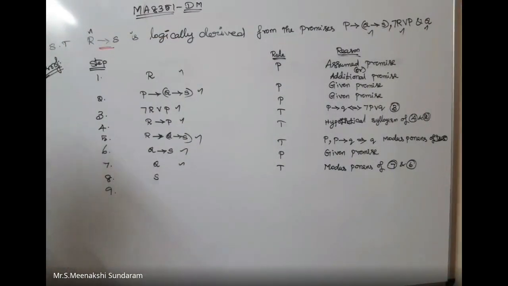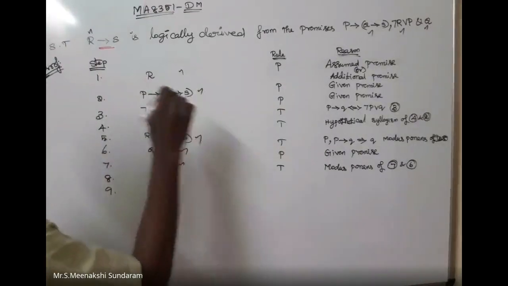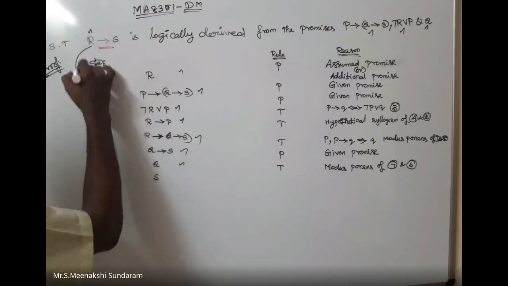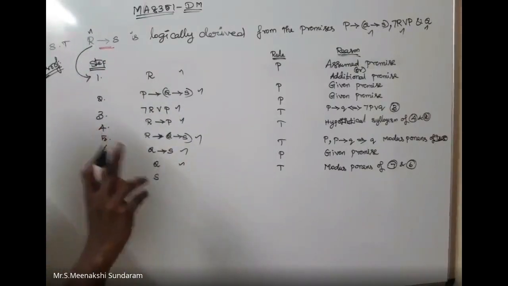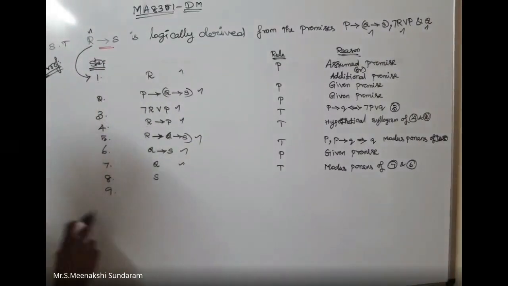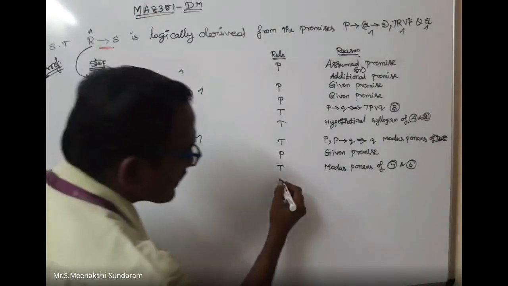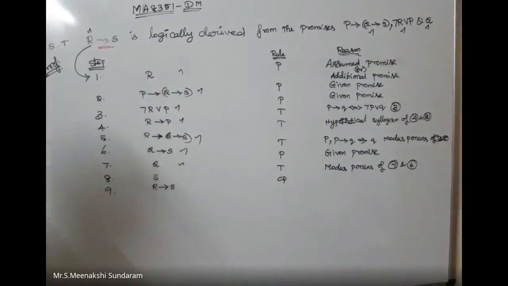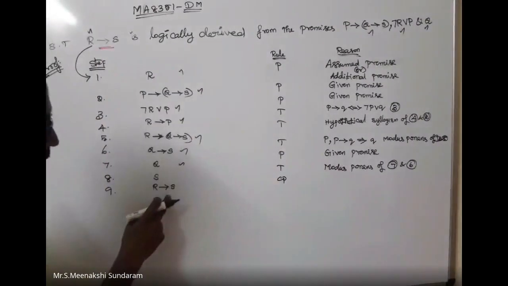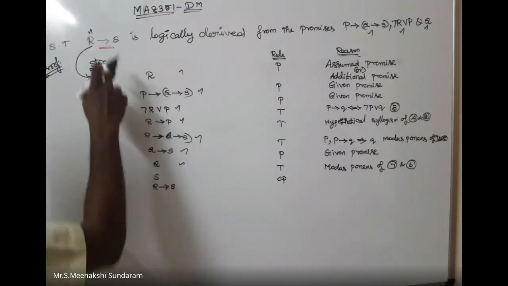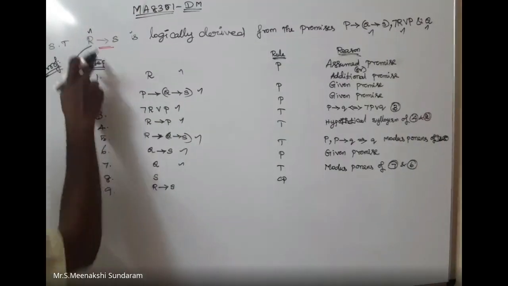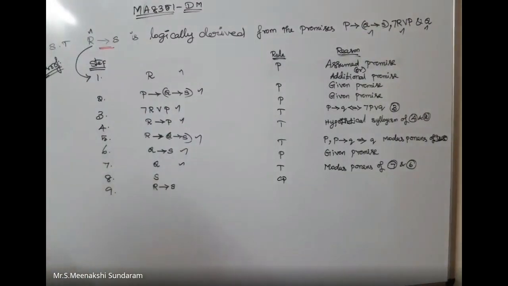So now I can apply the rule CP. Rule CP is the procedure. The first step is this, which I can introduce in the first step. That is rule CP. Next, the last step: these two things I can combine, R tends to S. This is the name of rule CP. The conclusion is S. The method is rule CP.